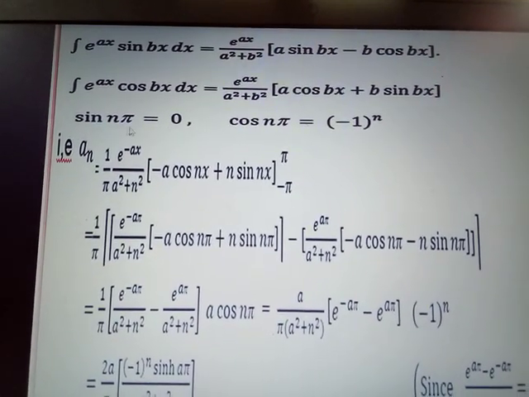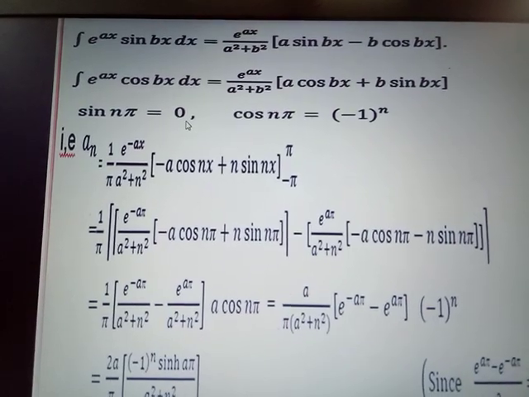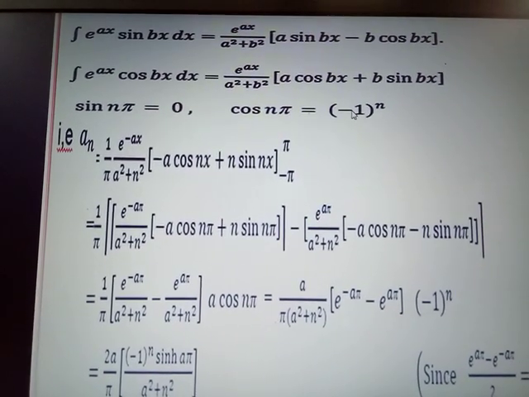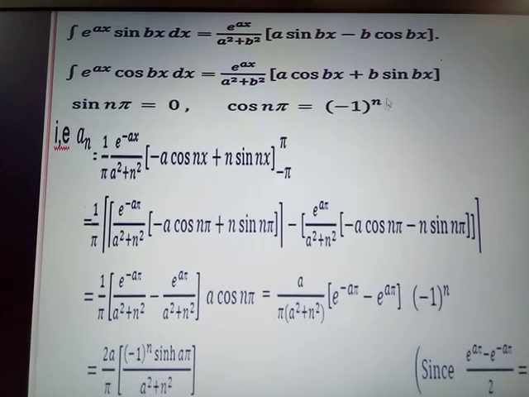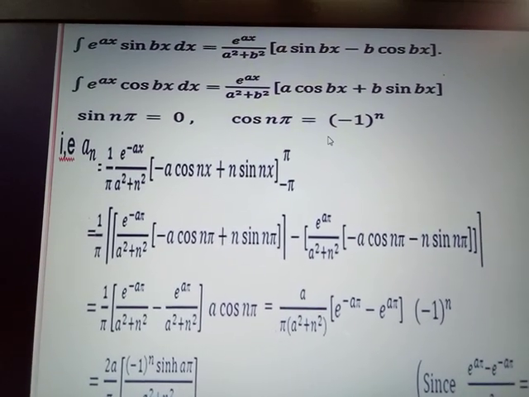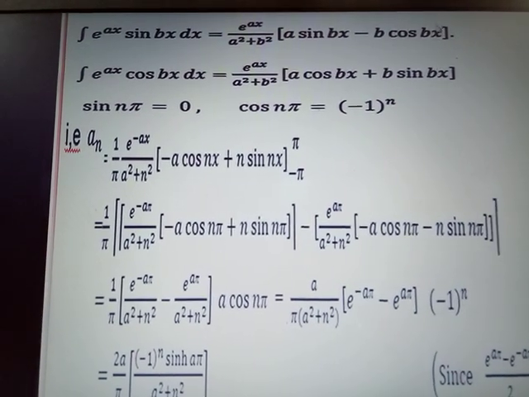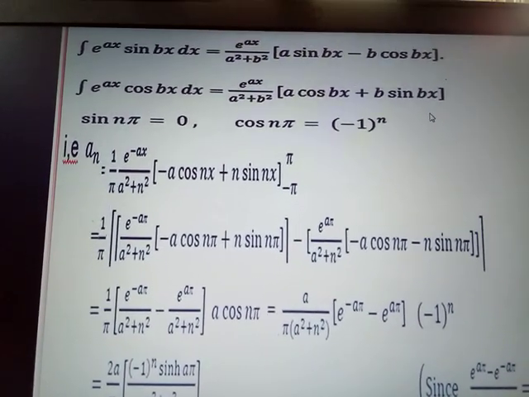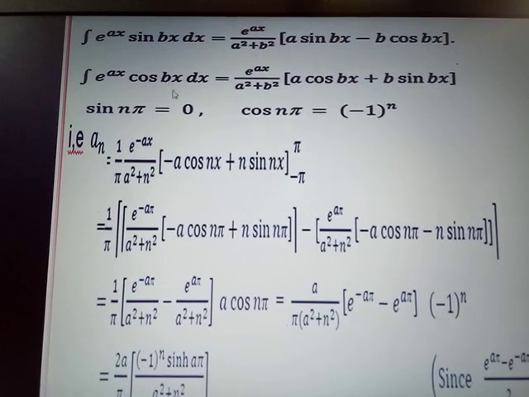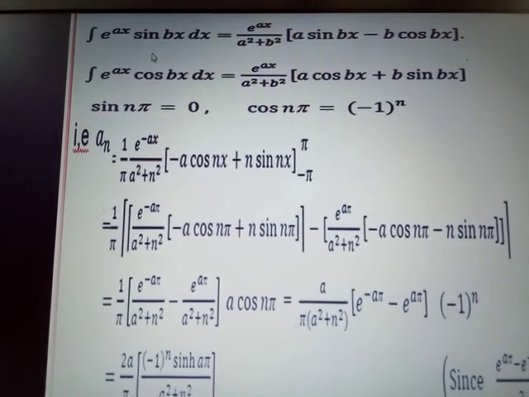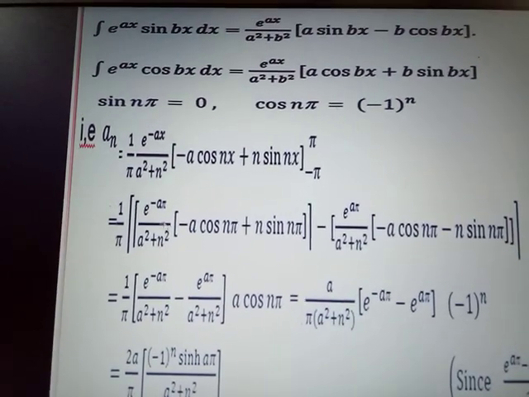And we know that the sin π value is 0, which means sin nπ is also 0. The cos π value is -1, therefore cos nπ value is (-1)^n. We know these two results. You have to remember these two results when you have the terms in integration in e^(ax) and sin bx or cos bx form.